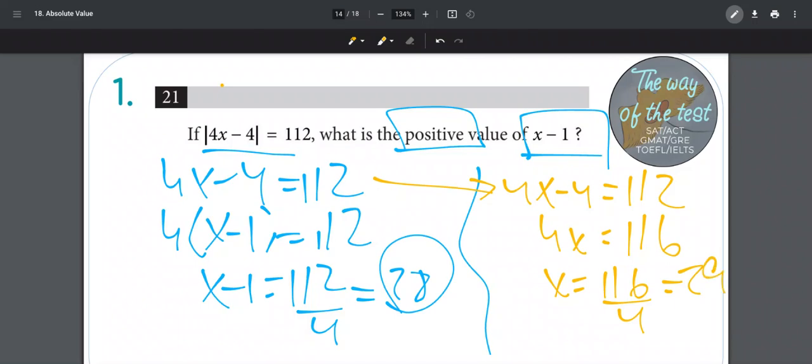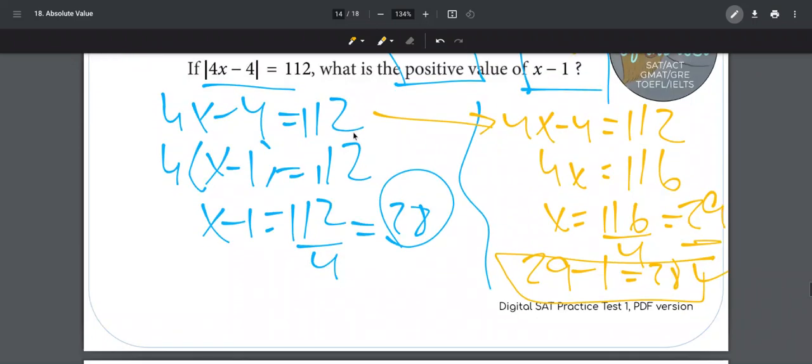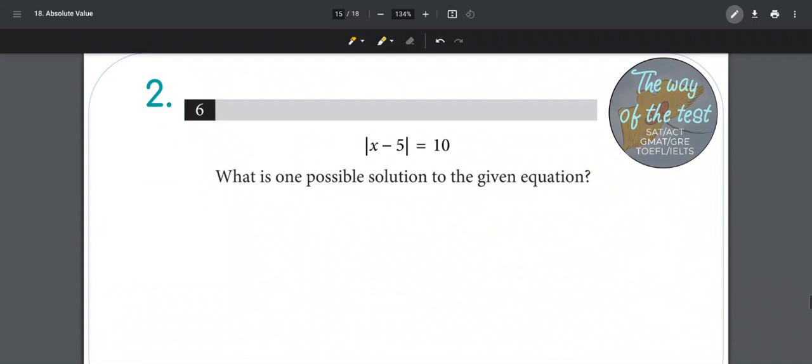And then you're going to say, but isn't the answer 28? Well, yes, but x is equal to 29. The question is not about x. The question is x minus 1. So what you have to do is 29 minus 1, and that is equal to 28, which also gives me the answer. Okay, pause the video, copy this, and we're going to move on to the second question.